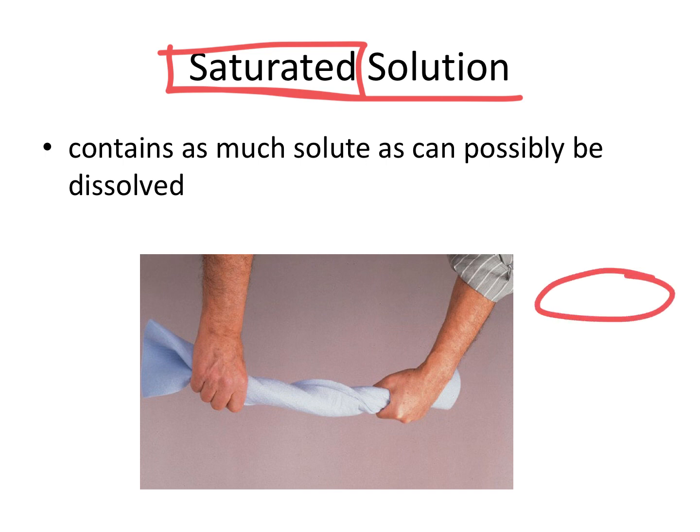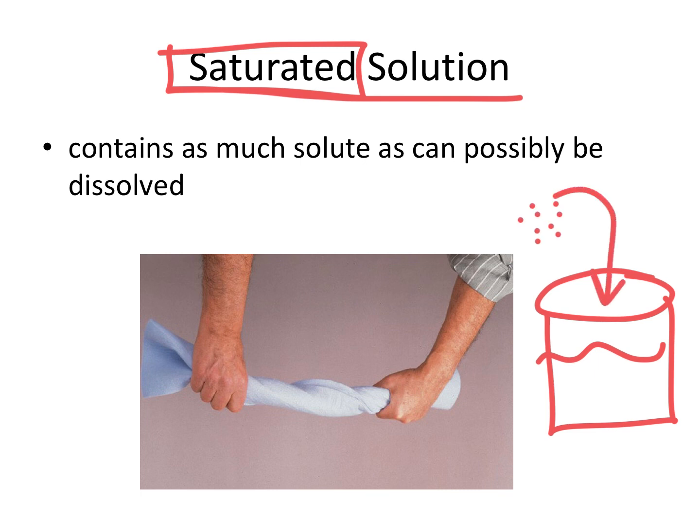For example, if you took a cup of water and started putting salt into the water and stirred over and over again, there eventually would be a point where that solution would be saturated, meaning that no matter how much you stir the water, no more of the salt will dissolve. So we call that saturated.